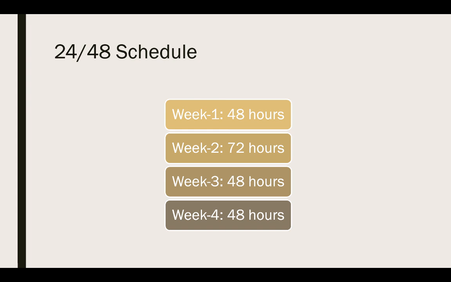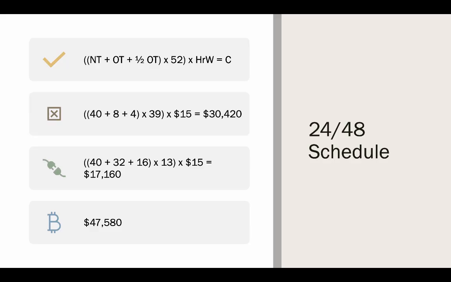So I've got 3 weeks where I'm working 48 hours in that week. I've got 1 week where I'm working 72 hours in that week. I've got 3 shifts in that week, and then those repeat themselves over and over again. So I've got 4 weeks to worry about in the year, and if we break that out, we've got 3 weeks or three quarters of my year.